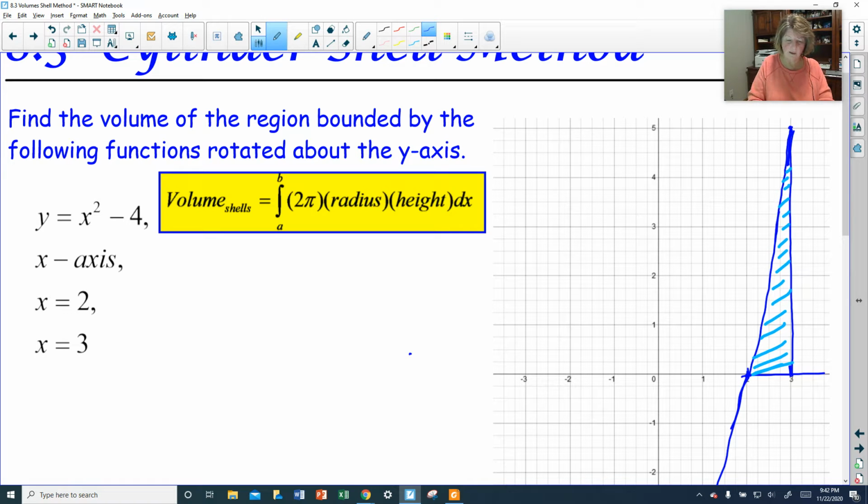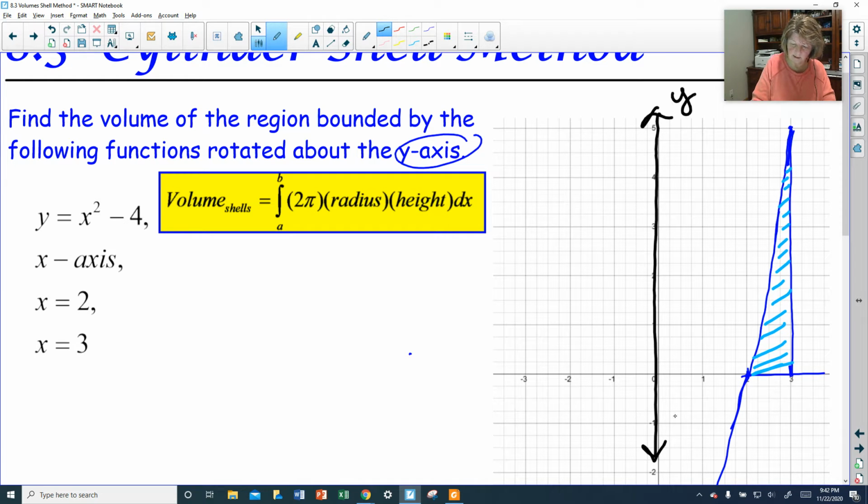Now, what this is going to do is we are going to rotate about the y-axis. So our axis of rotation, maybe you want to note that this is our axis of rotation, the y-axis. So we're rotating about that. And if you can imagine, we'd have this light blue region here spinning around the y-axis.